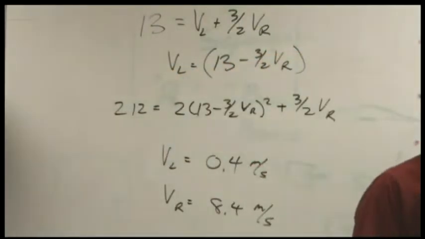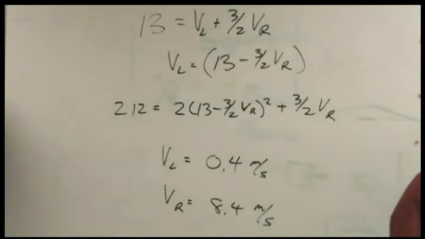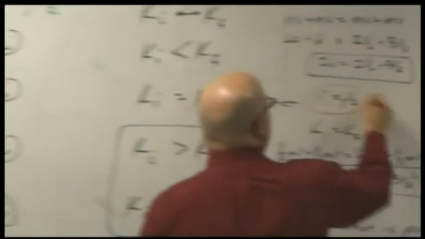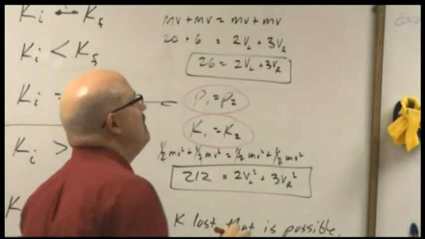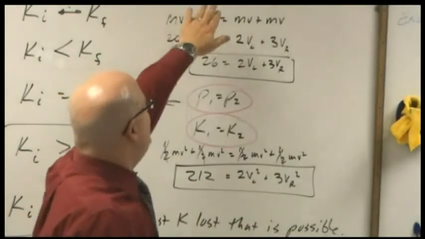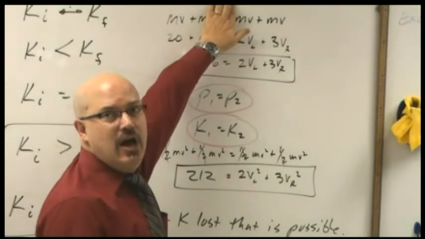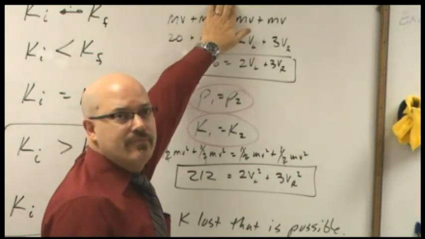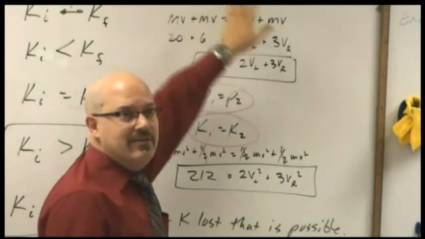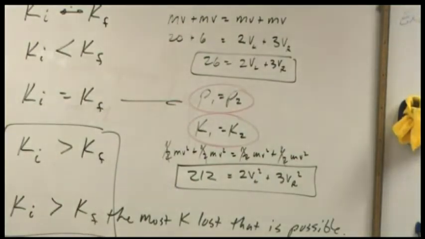But here's the cool thing, everyone, which is very, very sweet. In a one-dimensional, perfectly elastic collision, where you have conservation of momentum and conservation of kinetic energy, I want you to notice something for me. Could you please calculate what's the velocity of approach? 8. What's the velocity of recession? 8.